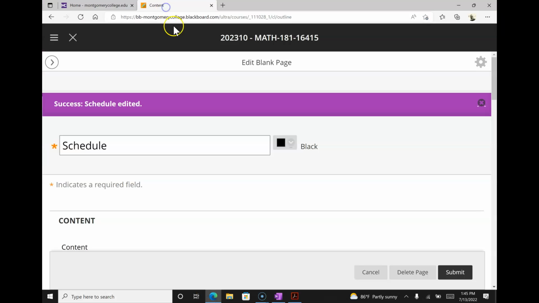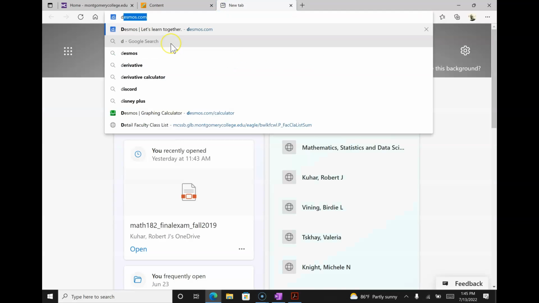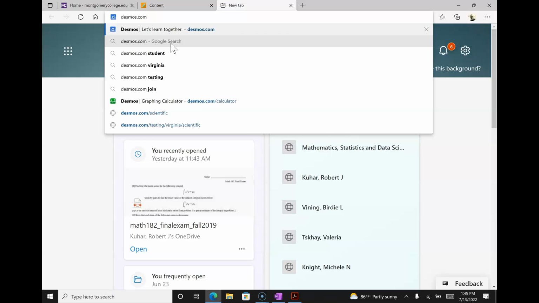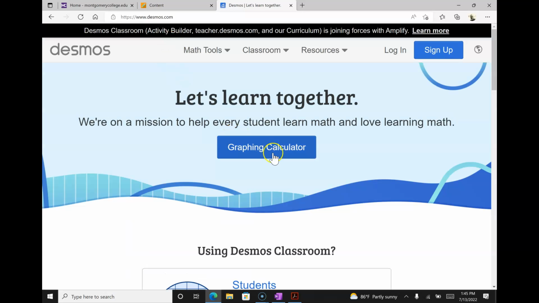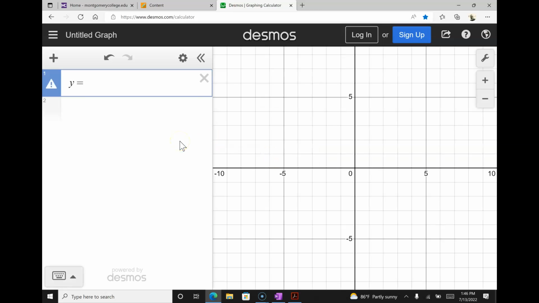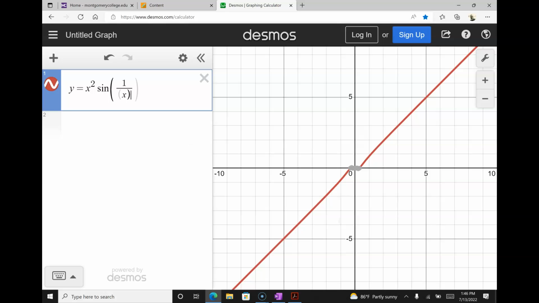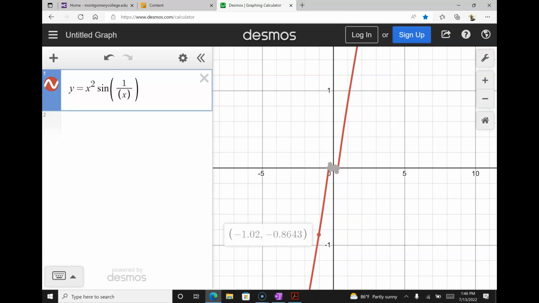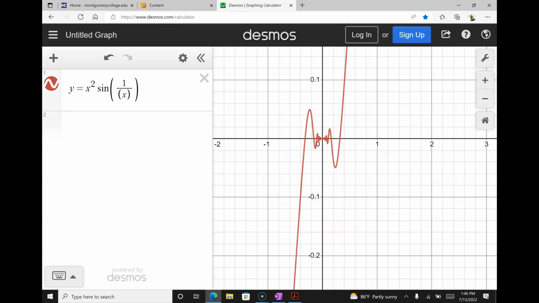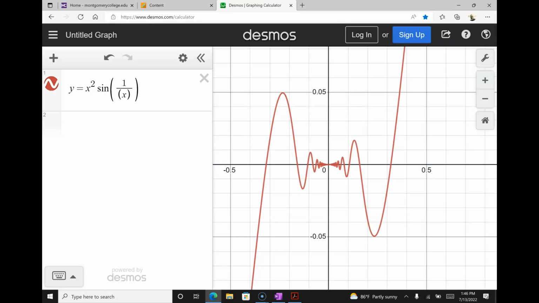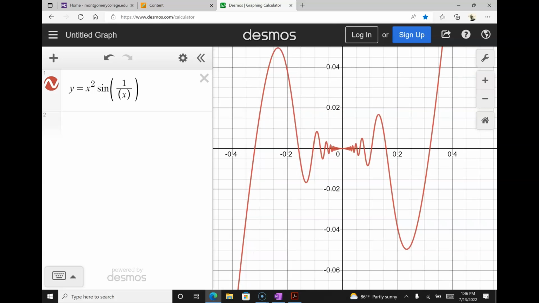If I don't know what something looks like, I want to put it on the calculator. Even if I do, I probably want to put it on the graph. I want to look at it, right? So y equals x squared times sine of 1 over x.